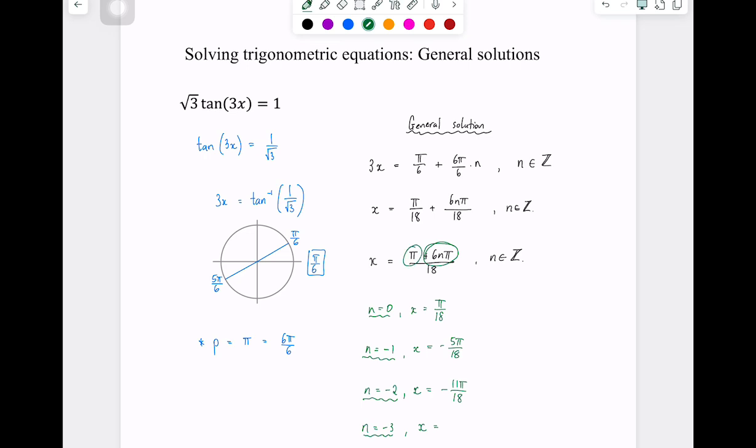Negative 18 plus 1 is negative 17 pi on 18. So our first three negative solutions will be negative 5 pi on 18, negative 11 pi on 18, and negative 17 pi on 18.